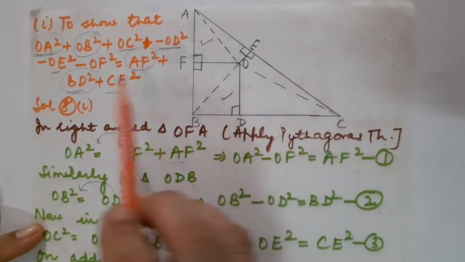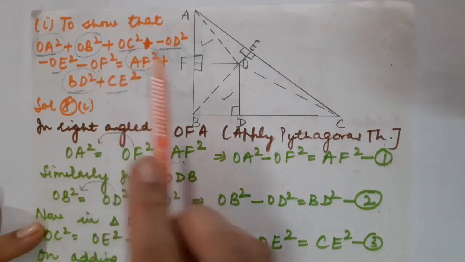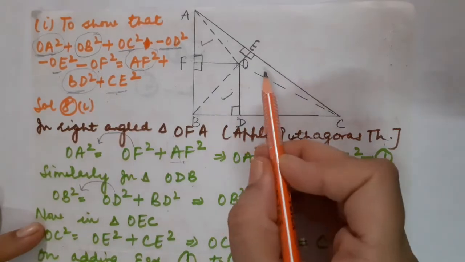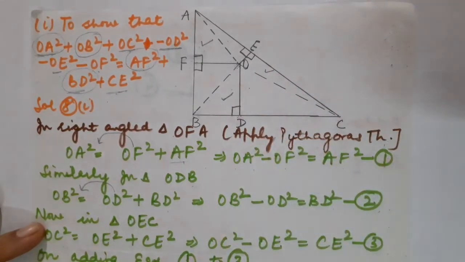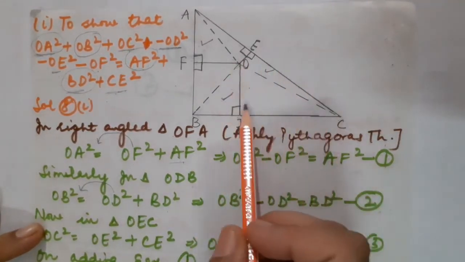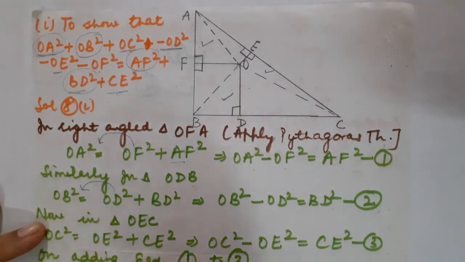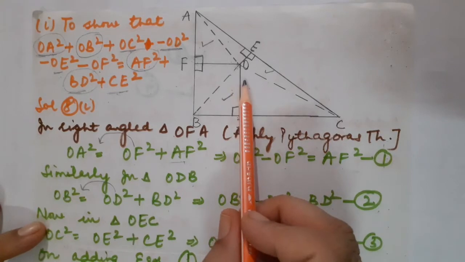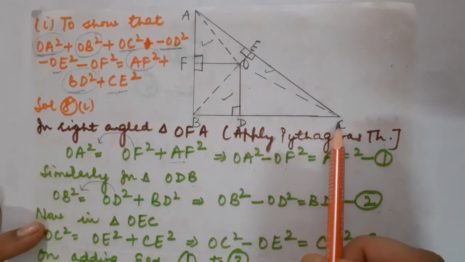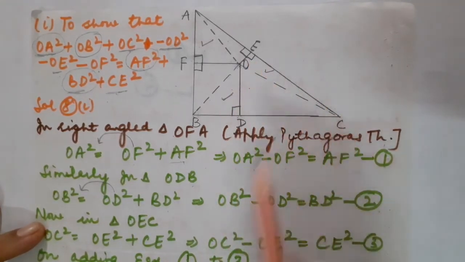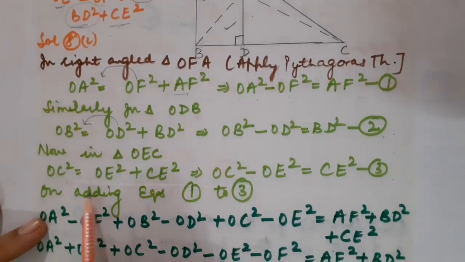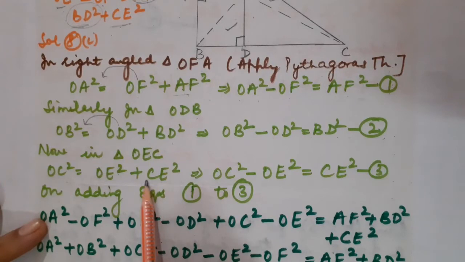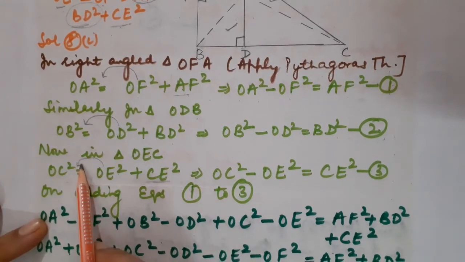OC is present, which I also require, along with OE square. Got it? So let us apply Pythagoras theorem in this smaller right angle triangle. Can you recognize which is hypotenuse? Correct. CO is the hypotenuse. So it would become OC square is equal to OE square plus EC square. Got it? And I want CE square on right hand side. So leave it here. Take OE square on left hand side.